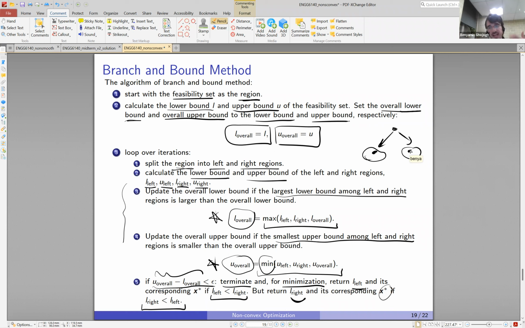But if you don't want to guarantee that, and if you want to be more efficient and faster, then maybe you can continue in one of the branches which is the best branch, the best region in each iteration. That's the thing. But if you want to make sure, you sacrifice the speed. Of course, this is a slow method because it's a global optimization method, and you have a complete tree. Okay.